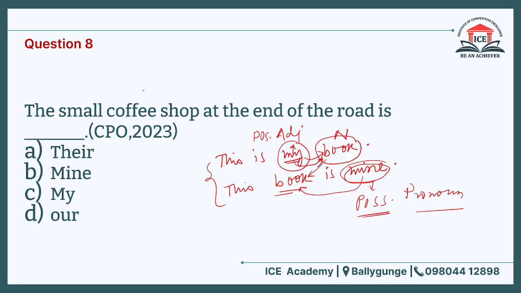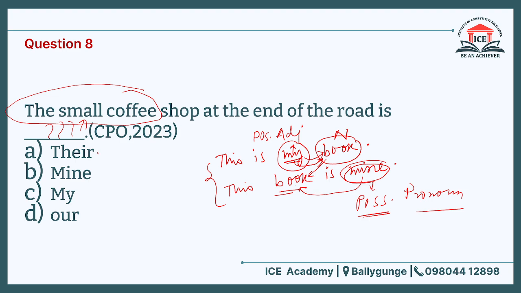Now, small coffee shop is the noun, and in this blank you have to choose something which will tell us about this possession. But it cannot be a possessive adjective because the noun is used at the beginning of the sentence.